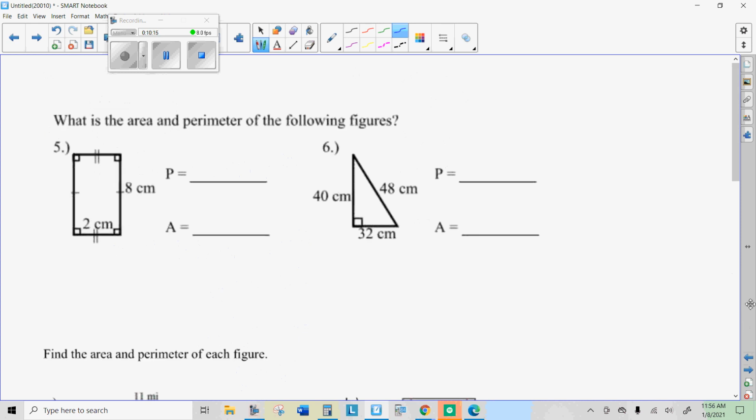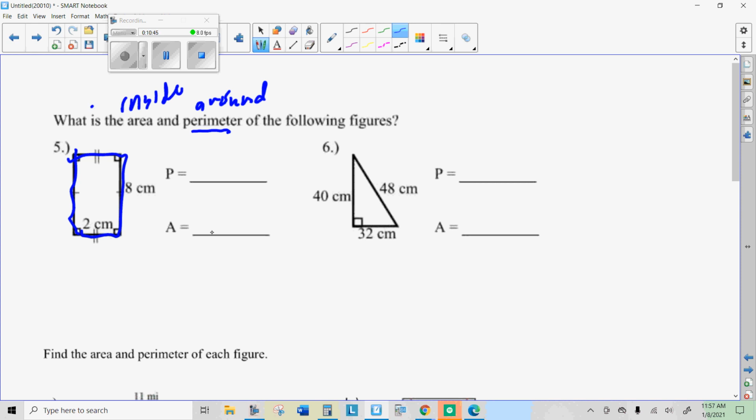The other things you have to know how to do is how to find the perimeter and the area of like rectangles, squares, triangles. Okay. Remember that perimeter means the distance around. So I'll just write around. So that would be this. And area is the square units inside. So, okay.